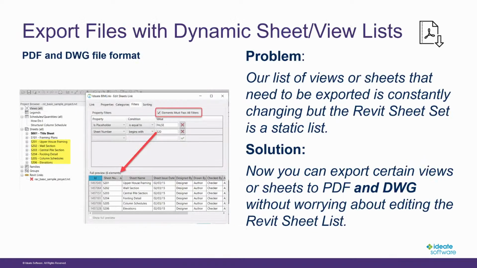One thing I think I've alluded to earlier is printing sheets, either PDF or DWG, via BIMLink or not via BIMLink. If you do it just the Revit way, it relies on the Revit sheet set. The sheet set lives in the model and is static, so it constantly needs to be updated.